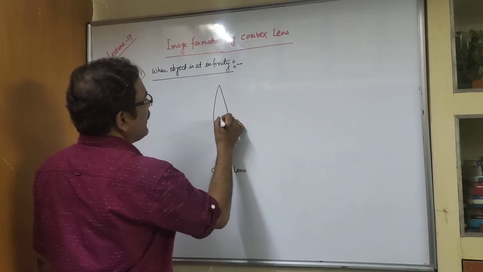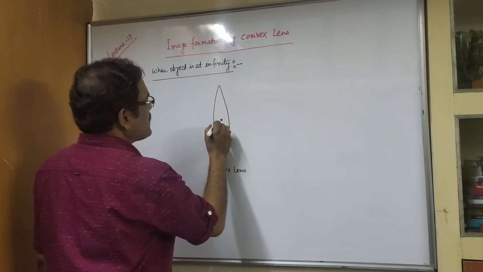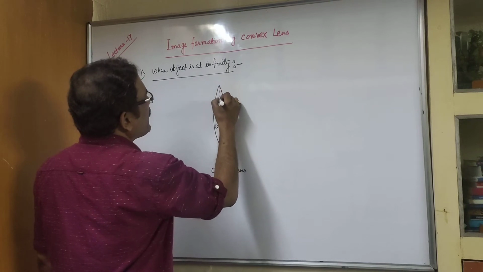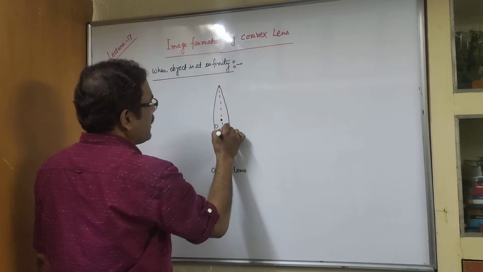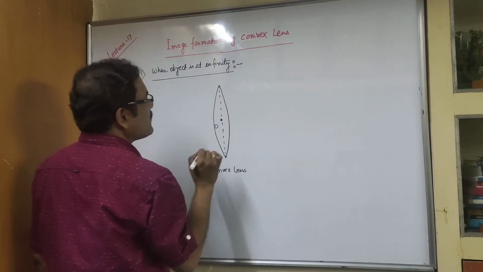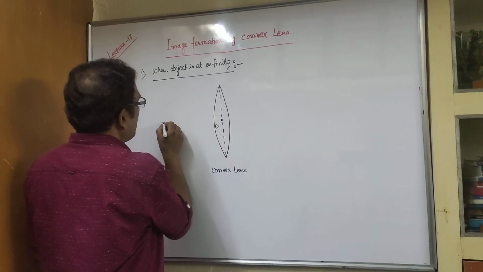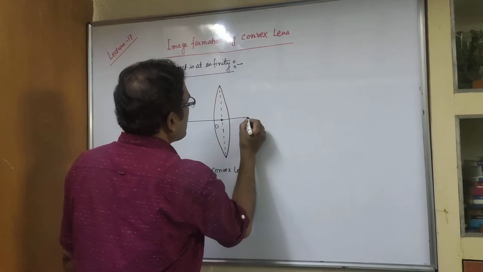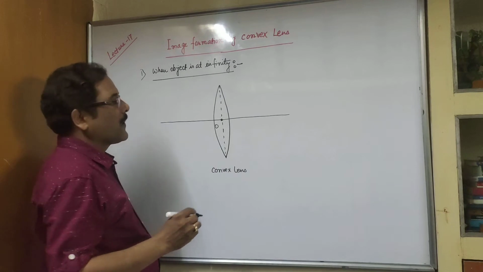Mark a point at the center of the lens. As you know, this point is the optical center and the symbol for the optical center is O. Then with dotted lines you mark the aperture of the lens. Then draw a horizontal line which passes through the optical center of the lens like this.